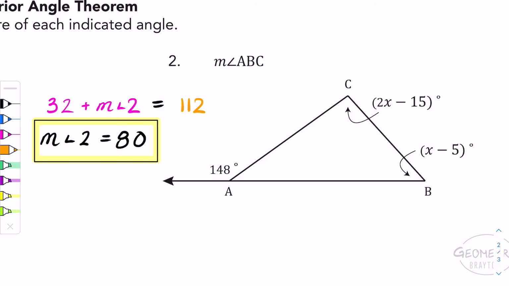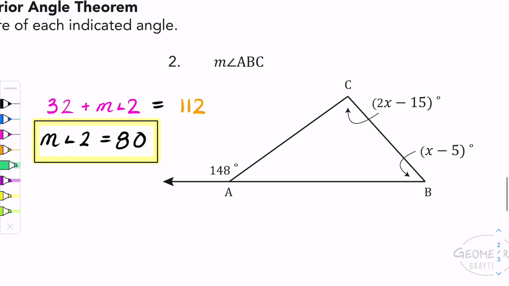Okay, and moving on to our last example, number 2. In this example, we are looking to solve for the measure of angle ABC. So the measure of angle ABC is this angle here. I'm going to indicate where it is in pink because it's called a remote interior.